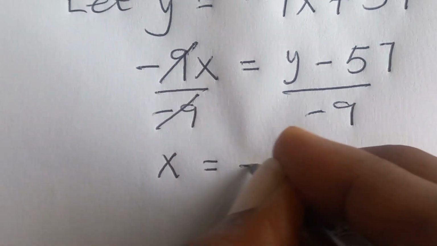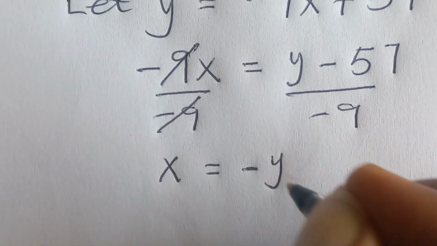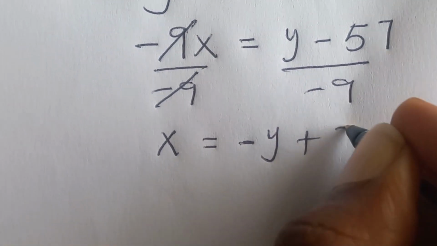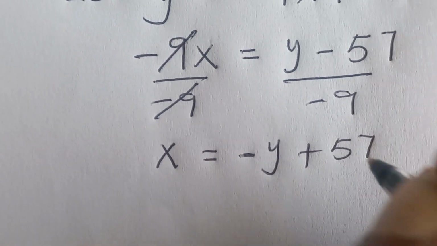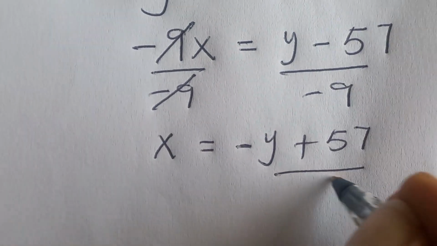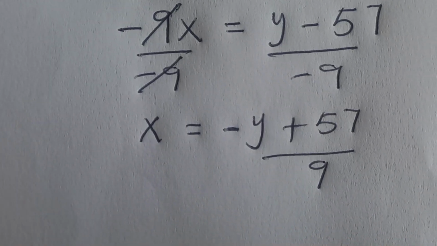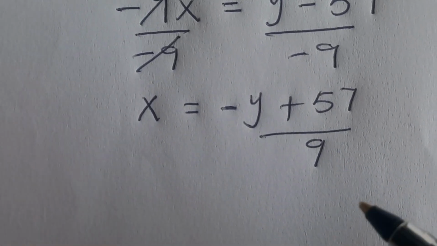From here, we get -9x = y - 57. Dividing both sides by -9, the -9s cancel, and we get x = (-y + 57)/9. So this will be our x.